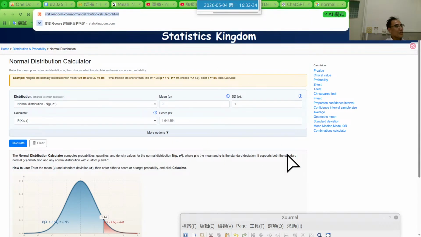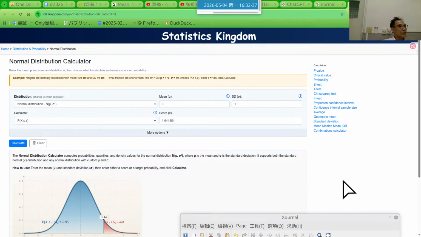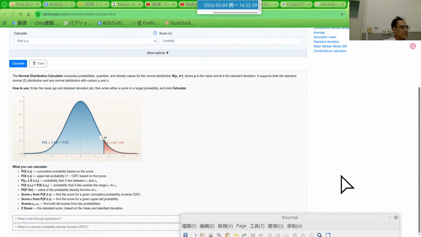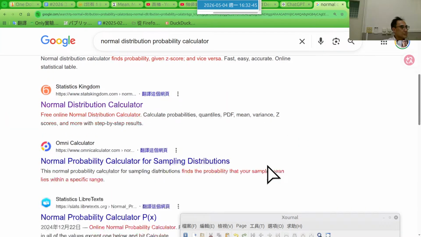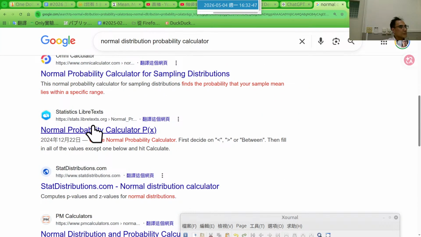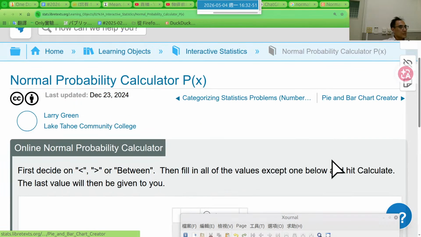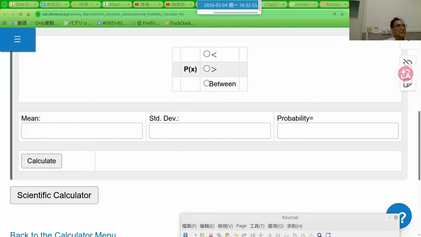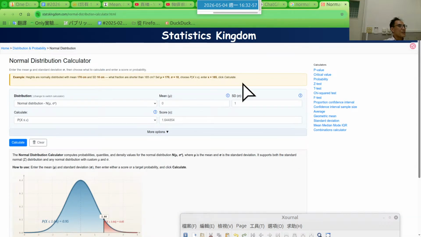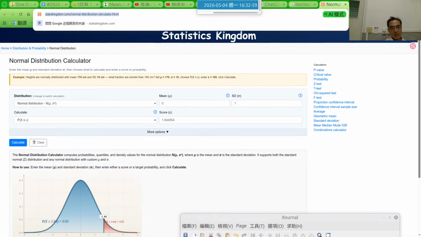Sure, there are many useful tools you can use. I just copied it to the online group.